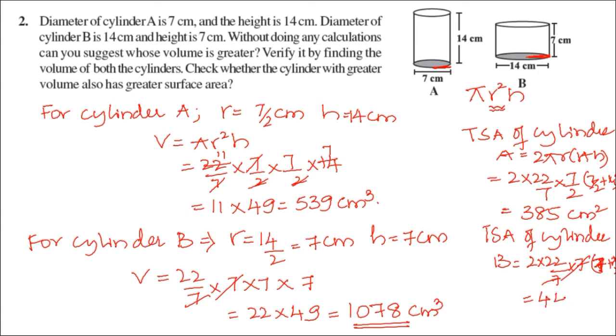It will be 44 times 14. This will become 616 centimeter square. It's very clear that the total surface area of cylinder B will be larger. So here we can conclude that the cylinder with a greater volume will have greater surface area.